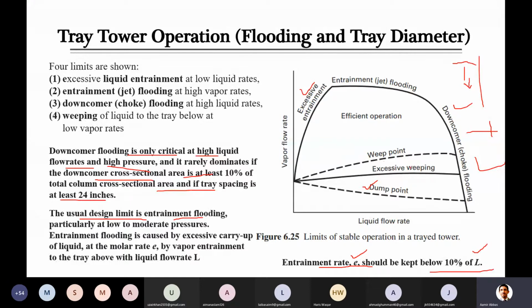Weeping takes place when the vapor flow rate is too low, so it usually doesn't occur unless the vapor goes to a very low flow rate as well as pressure. So this is not a big problem. Downcomer flooding or choking is also not a big issue. If you give 10% of the tray area to the downcomer, this will be totally fine. But carry away of the liquid with the vapors is problematic, and that should be considered.